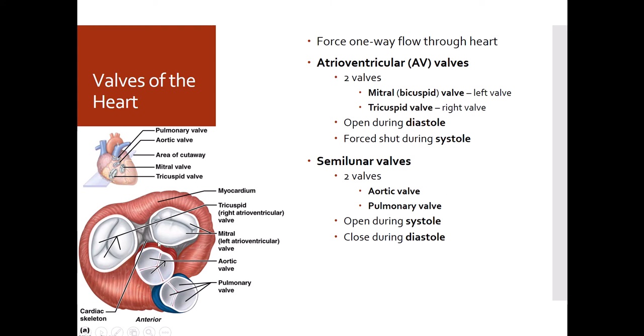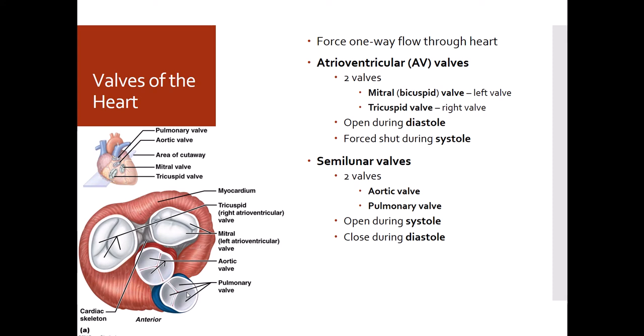The semilunar valves are the aortic valve, which separates the left ventricle from the aorta, and the pulmonary valve, which separates the right ventricle from the pulmonary trunk.